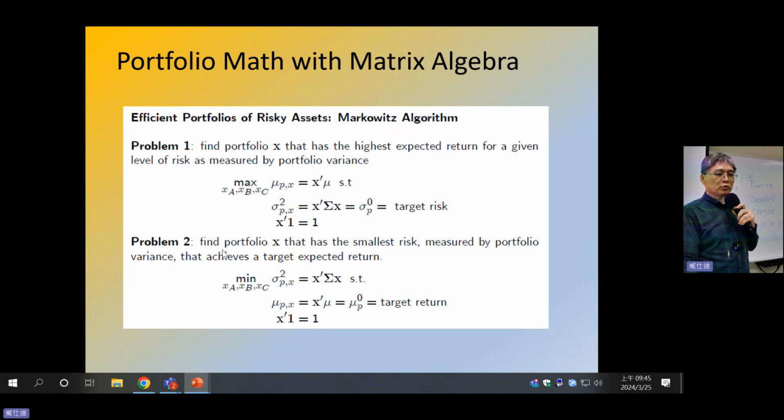Problem 2 is to find the portfolio x that has the smallest risk, measured by the portfolio variance, that achieves a target expected return. So now we just restructure our problem. Basically, it's very similar to the GMVP, but now we have one extra condition, which is mu_p(x) equals x transpose mu equals mu_p0. So this is a given target return.